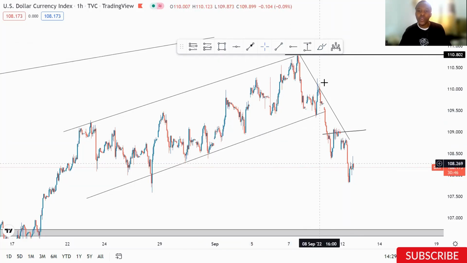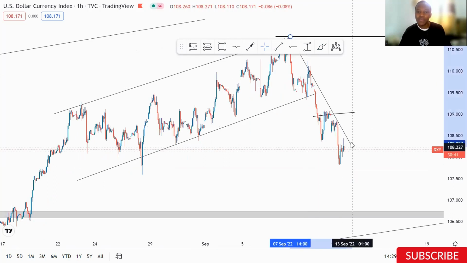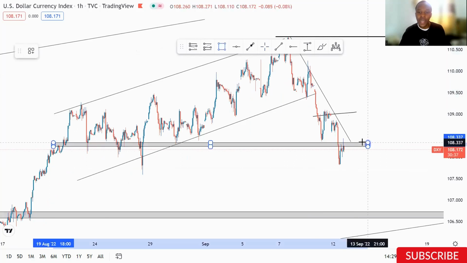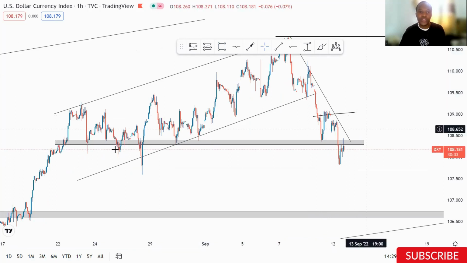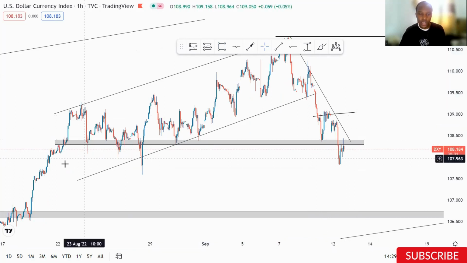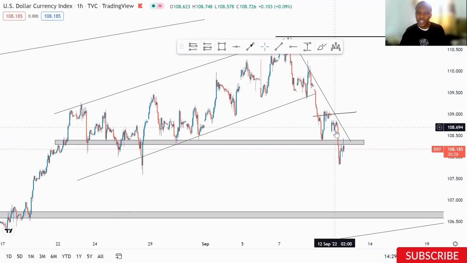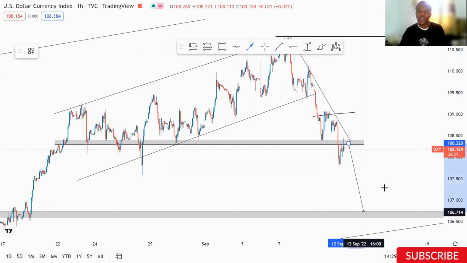So if we look at it currently, I'm anticipating the same thing, because if we are treating this as a previous high, so you can say this is a strong level, which is support, support, support, support, and then it has finally been broken now. And if this is a retest, then the DXY will continue with its sell-off to the downside.